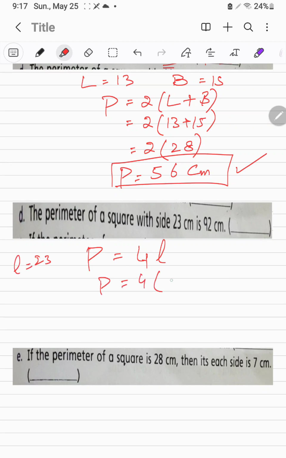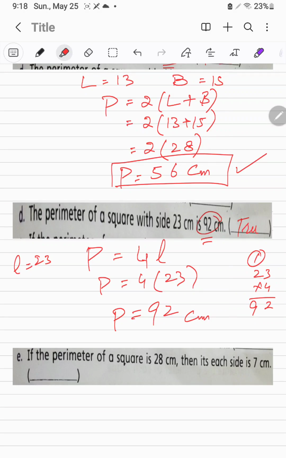It will be 4 into 23. 23 will be multiplied by 4. 4 threes are 12, 1 carry. 4 twos are 8 plus 1 is 9, so 92. Yes, it is correct. 92 centimeters, and here the perimeter is also given as 92. This is true.